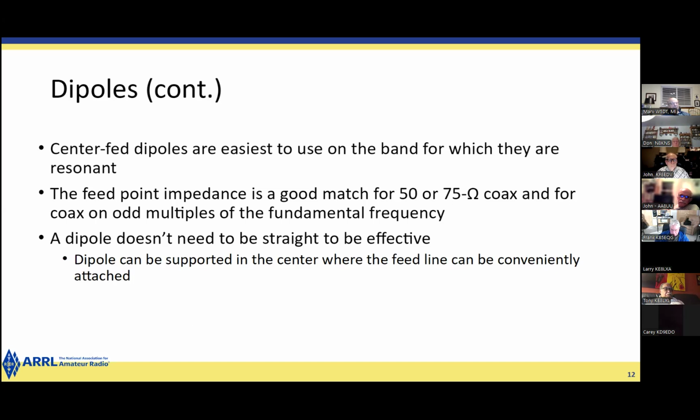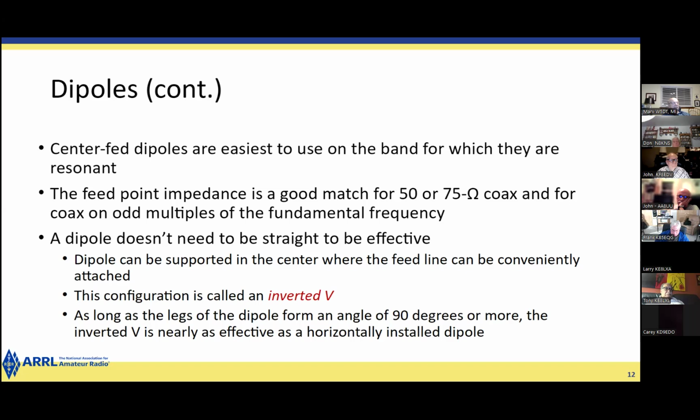As I showed you in the picture, it can be supported in the center where the feed line can be attached on a support, and that makes it into an inverted V. The angle, of course, between the legs has to be at least 90 degrees.